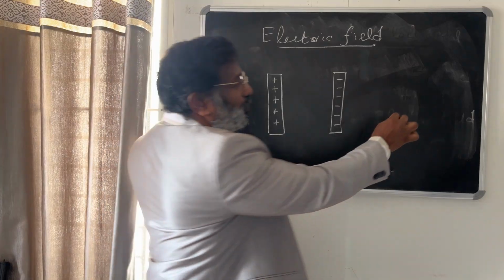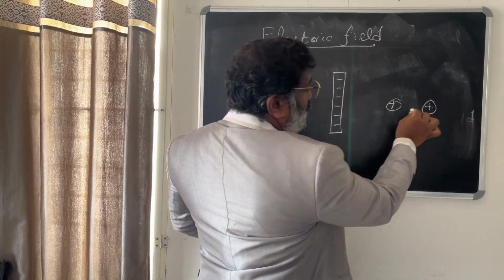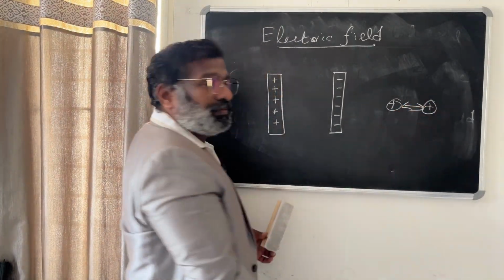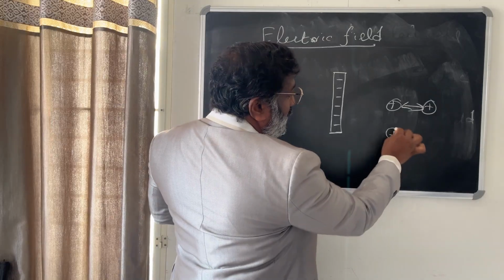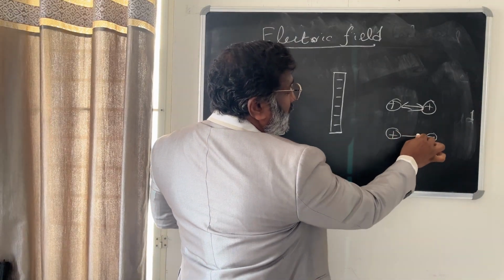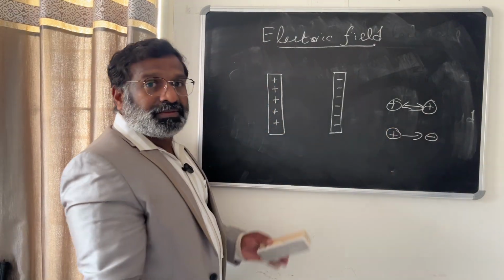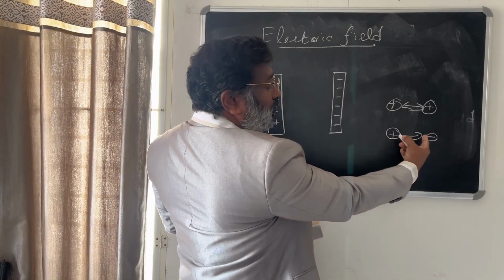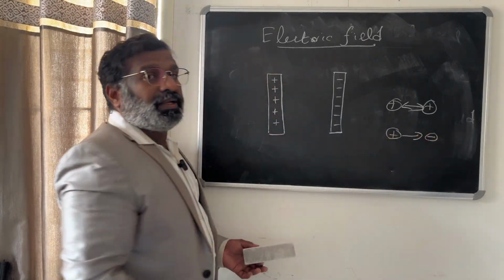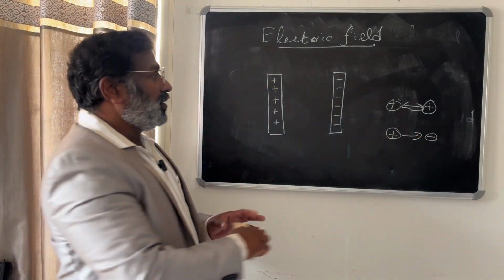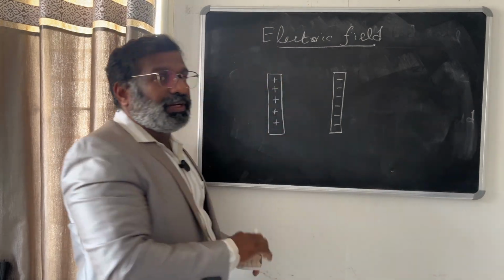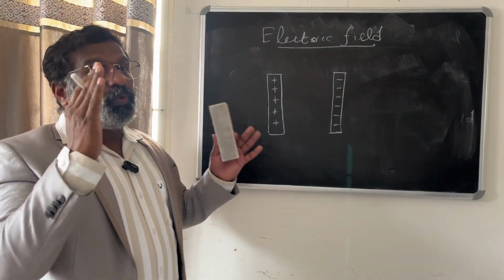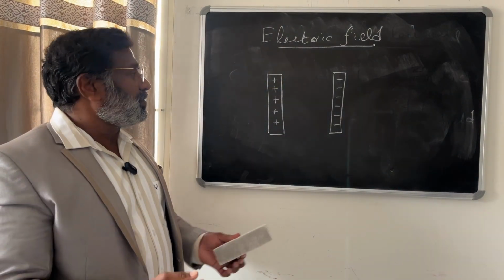So if you bring two positive charges together, they repel. If I bring one negative charge near the positive charge, it will attract. The positive charge will exert a force in such a way as to attract the negative charge. So there will be a force of attraction between opposite charges and a force of repulsion between like charges.